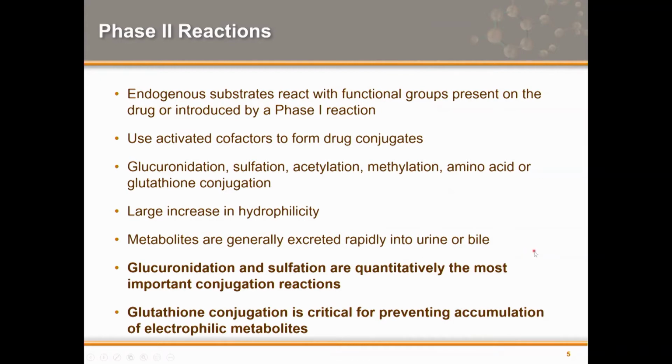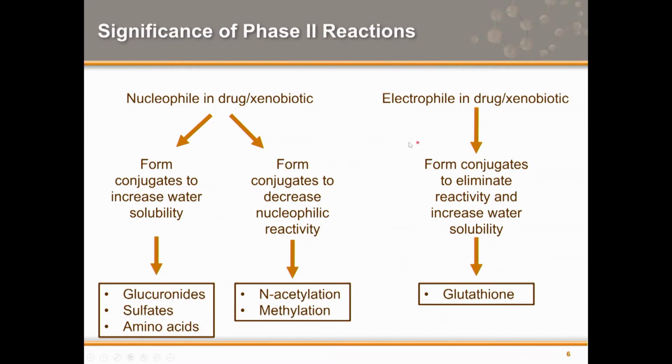Quantitatively, glucuronidation and sulfation are the most important conjugation reactions for drugs, and glutathione conjugation is very important for eliminating highly reactive electrophilic metabolites. So these phase 2 reactions occur at nucleophilic sites in drugs and xenobiotics.